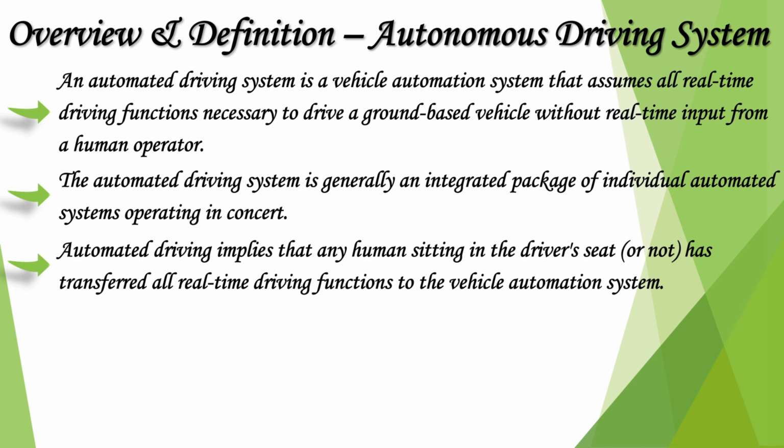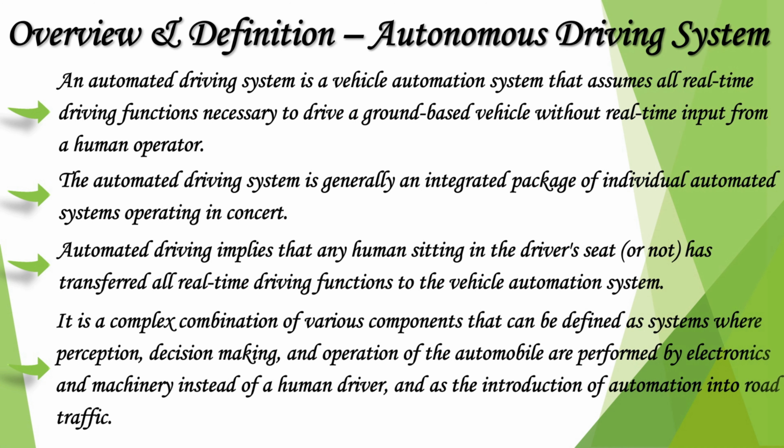Automated driving implies that any human sitting in the driver's seat has transferred all real-time driving functions to the vehicle automation system. It is a complex combination of various components that can be defined as systems where perception, decision-making, and operation of the automobile are performed by electronics and machinery instead of a human driver, and as the introduction of automation into road traffic.